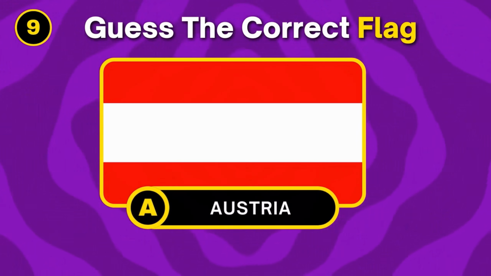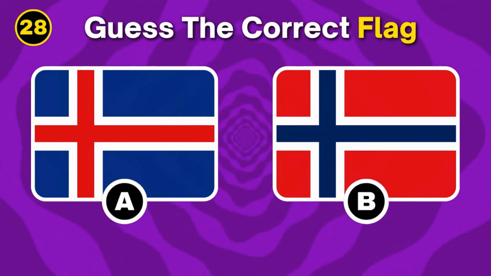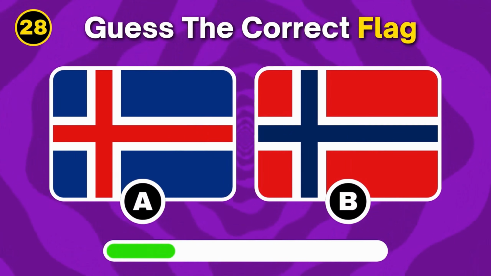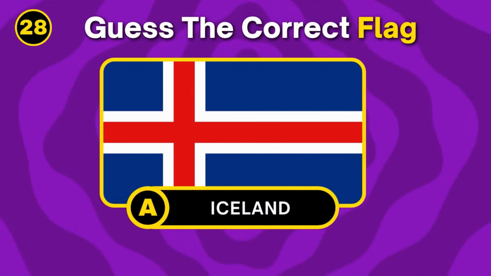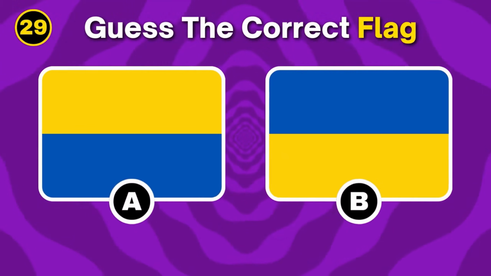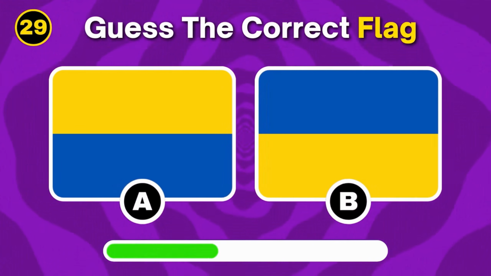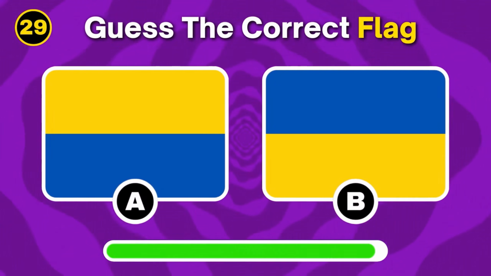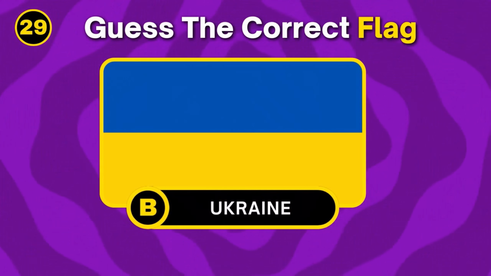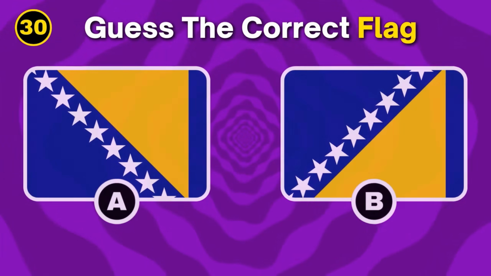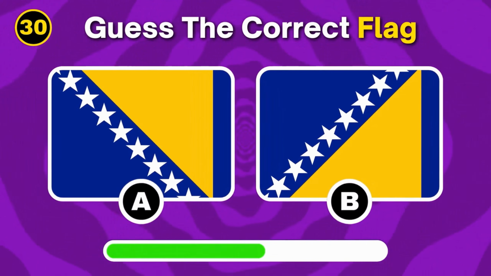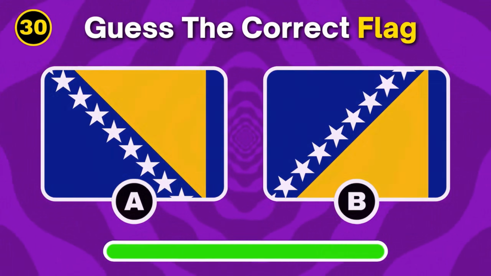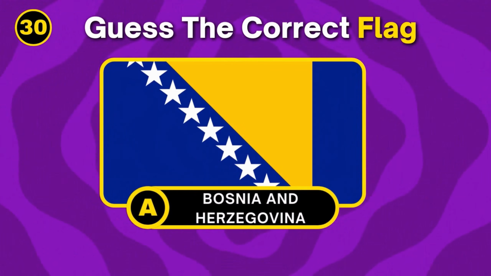It's option A. Which of these is Iceland's flag? Exactly. It's option A. Can you recognize Ukraine's flag? Spot on. The flag is option B. Which one is Bosnia and Herzegovina's flag? That's right. Option A is the answer.